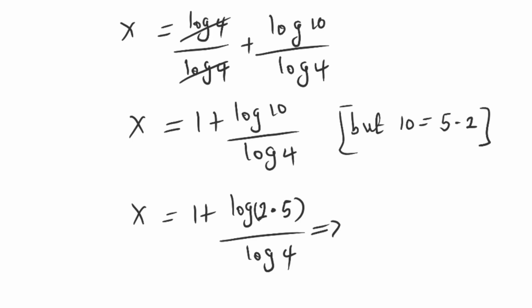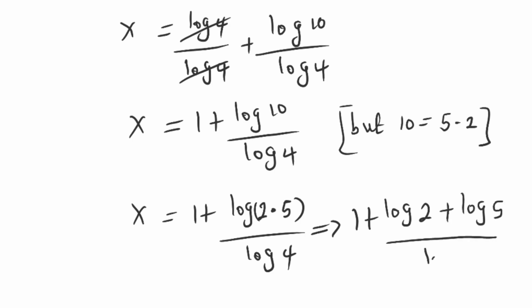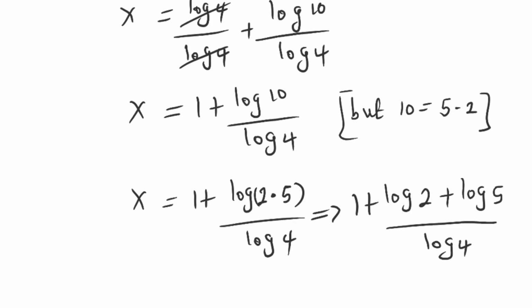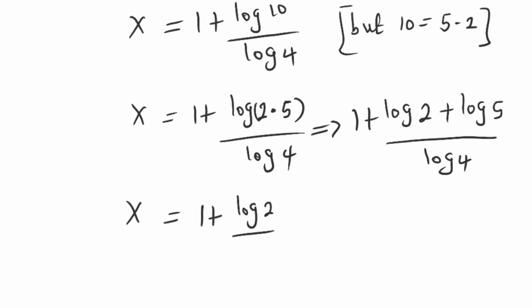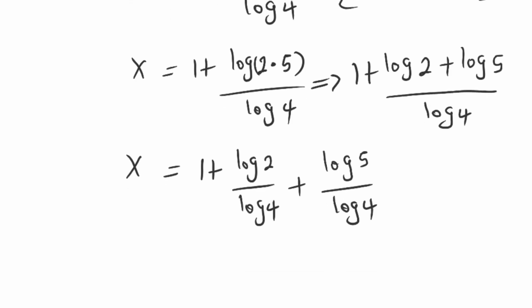And this is same thing as 1 plus log 2 plus log 5 over log 4. S is equal to 1 plus, here we have log 2 over log 4 plus log 5 over log 4.